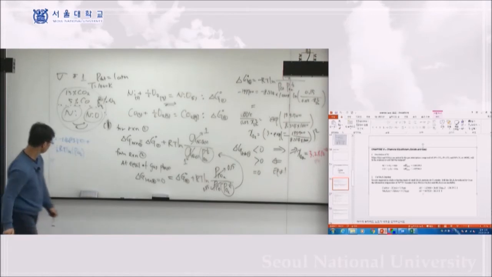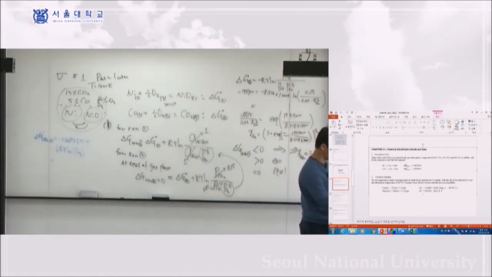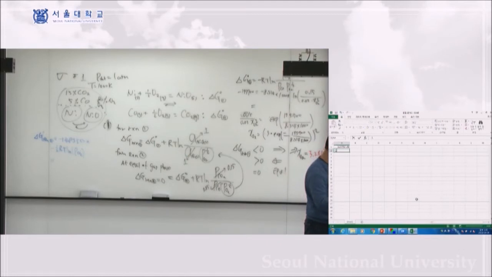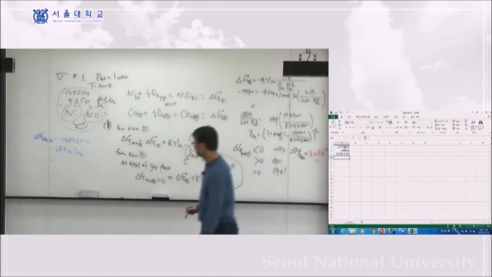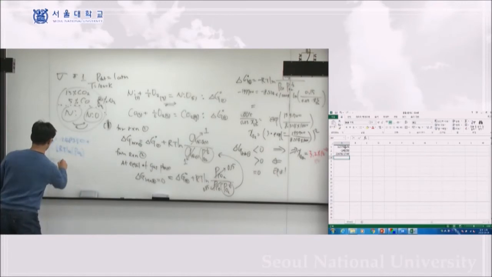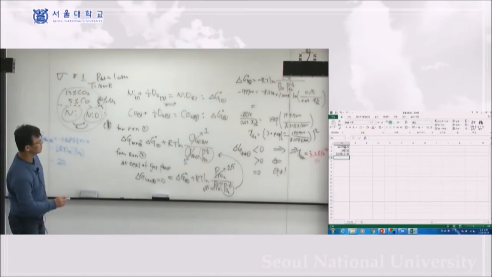So this will give you 148350. Then I'm going to have this one minus, so this will be a positive term, yeah? So this will be 22,479.